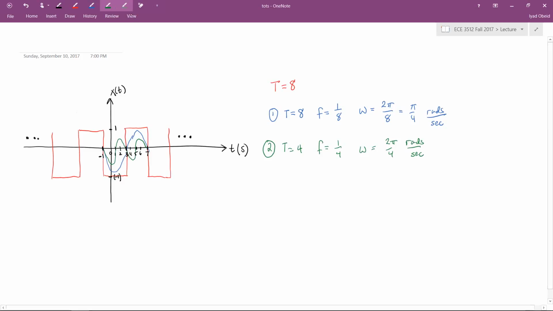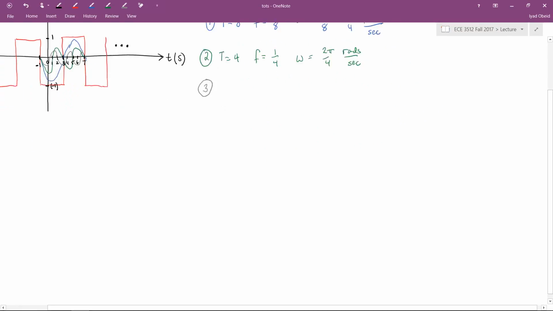Okay, now let's go to the next cosine. The next cosine that also repeats every 8 seconds looks something like this, and this one's a little trickier for me to draw. It's a little ugly, but I think you get the idea. That one has 3 times the frequency. It repeats 3 times in 8 seconds.